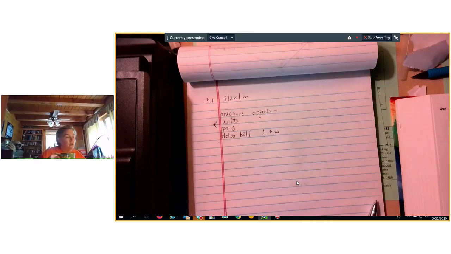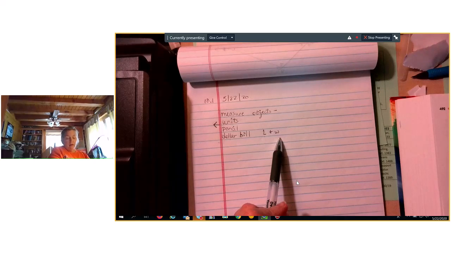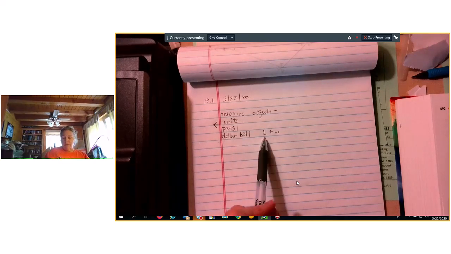And if you don't have a $1, then your $50 bill that you have in your pocket will be fine. But don't use a $1 coin, which I have those too. And decide, okay, what is going to be the length and the width, and how can I figure this out?